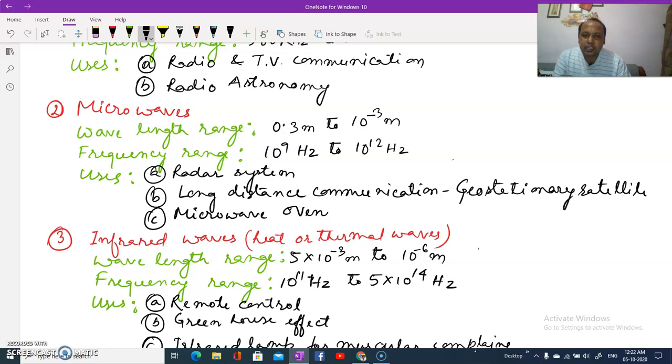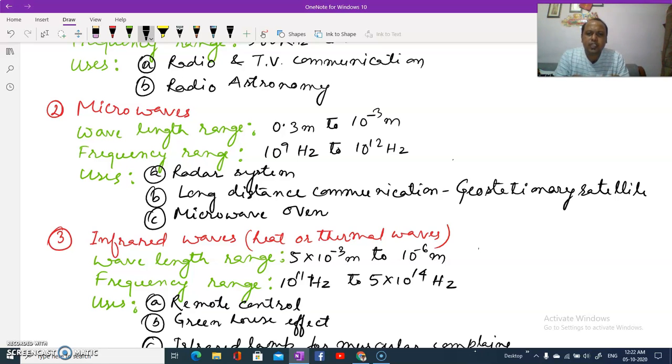So here you can see the frequency 10 raised to the power 12 comes in the infrared range also, as well as in the microwave range. So you need to understand that there is not a proper bifurcation of the frequency or the wavelength range for different waves. They can overlap each other.